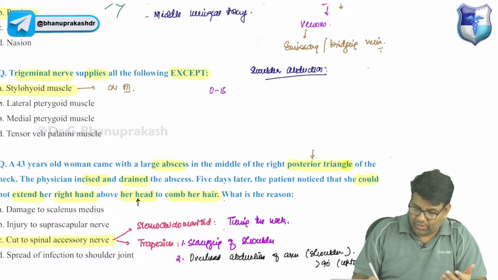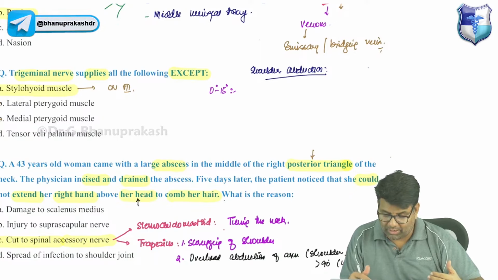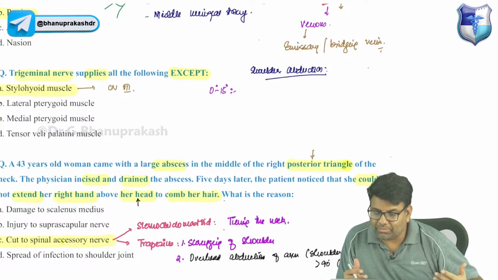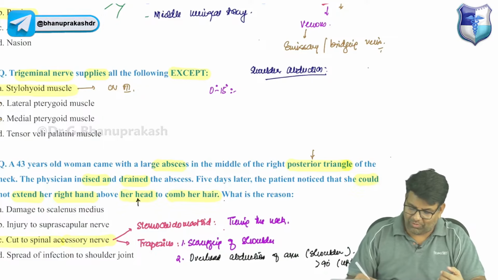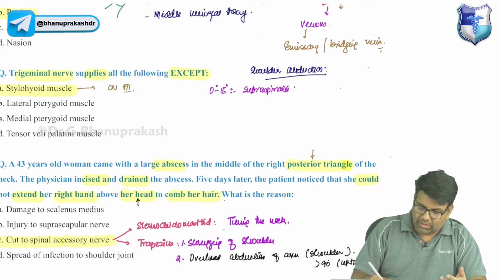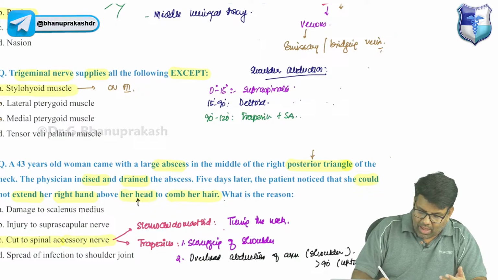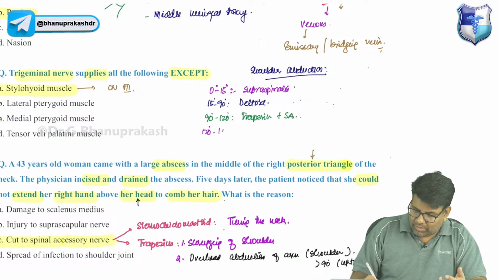If I say 0 to 15 degrees, any idea which muscle brings about 0 to 15 degrees? Yes, absolutely fine. 0 to 15 degrees, supraspinatus, then 15 to 90 degrees, deltoid, 90 to 120 degrees, trapezius, supported by serratus anterior, and 120 to 180 degrees is scapular.